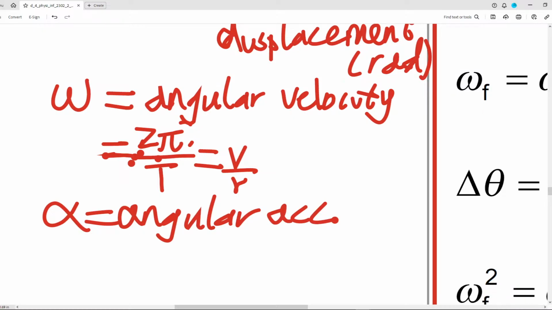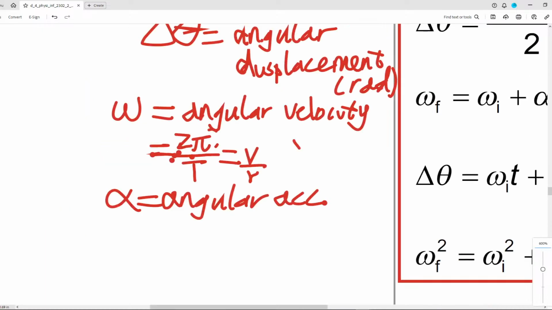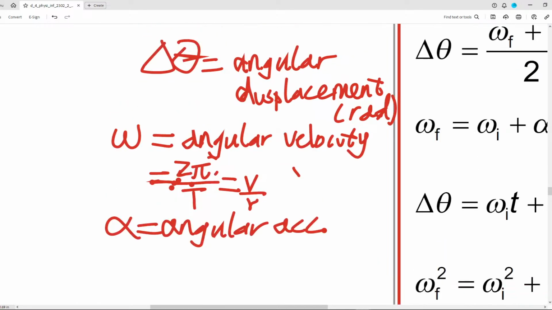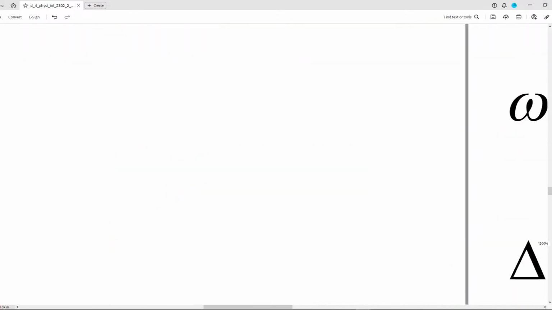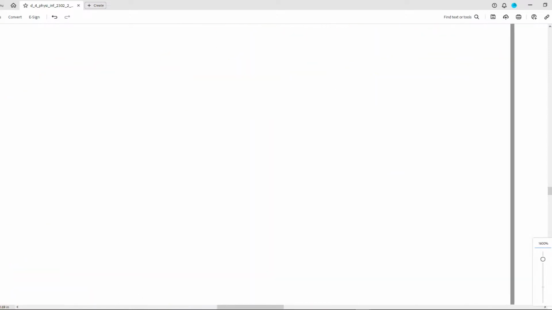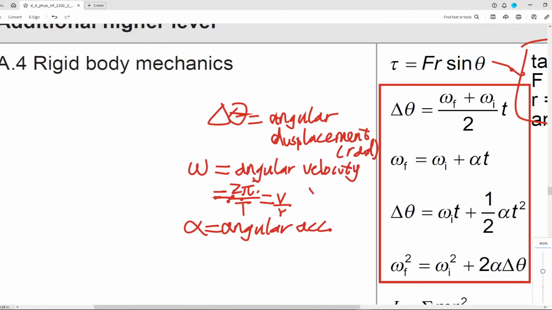Now, everything I've written here are vectors. They have a direction associated with them, either clockwise or counterclockwise for IB. It does get a little bit complicated when you talk about three-dimensional vectors because they point in and out of the page, but that's not something you need to worry about right now.